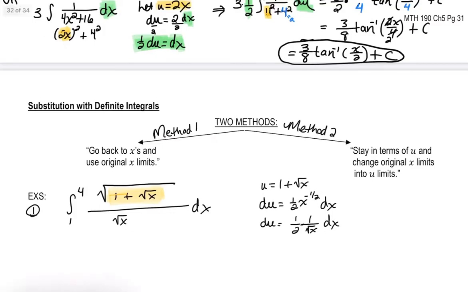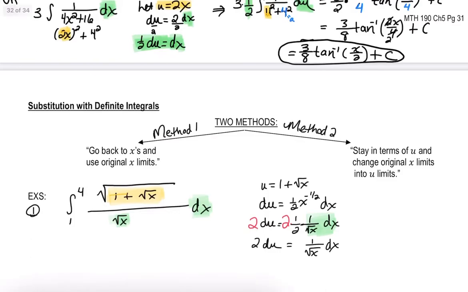And so this actually looks pretty good because the portion that is x's and dx's left in the original integral is a dx over root x. And guess what? That's exactly what I have here. I just need to multiply both sides by this 2 in order to isolate that 1 over root x dx. So now I'm going to have my 2 du equals my 1 over root x dx.